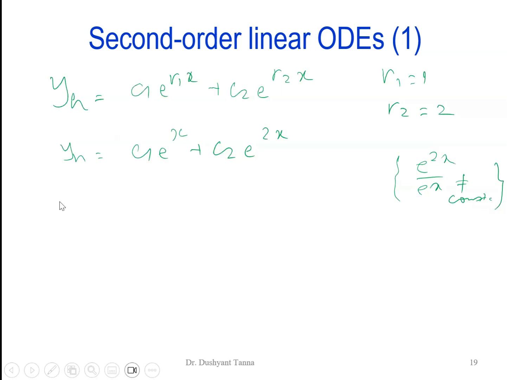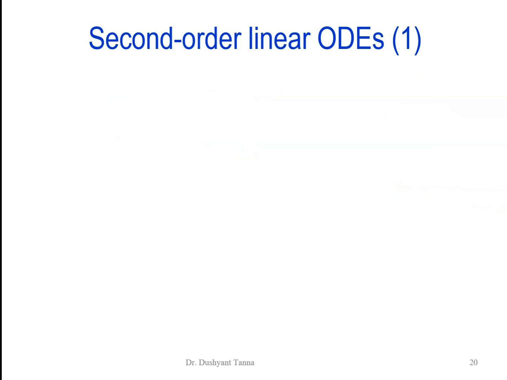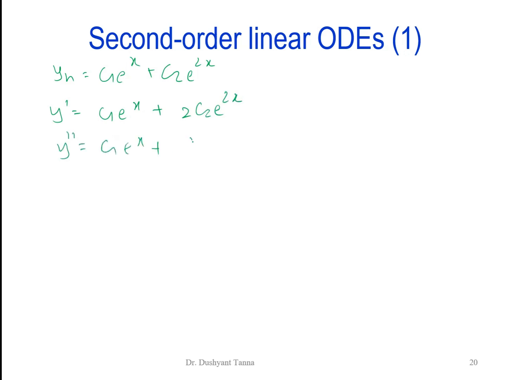You don't have to, but how about we verify it? How about we verify whether this is a solution or not? Okay, so I'll do the verification part here. My YH is C1 e raised to x plus C2 e raised to 2x, Y dash is C1 e raised to x plus 2C2 e raised to 2x, Y double dash is C1 e raised to x plus 4C2 e raised to 2x.